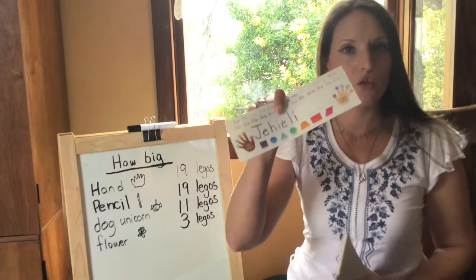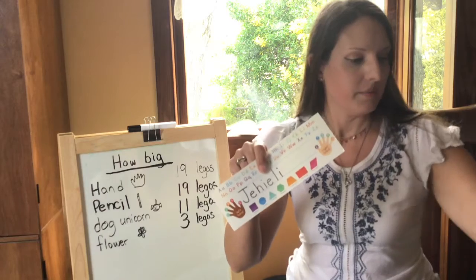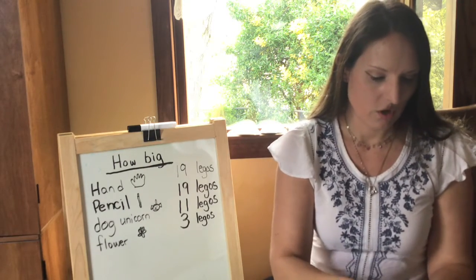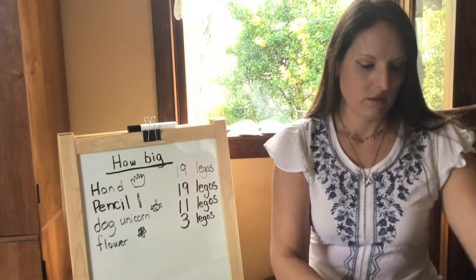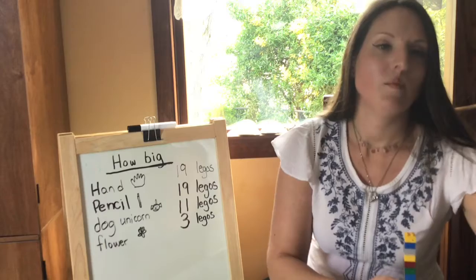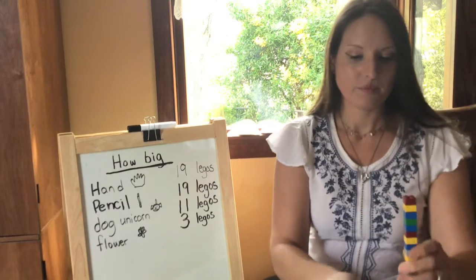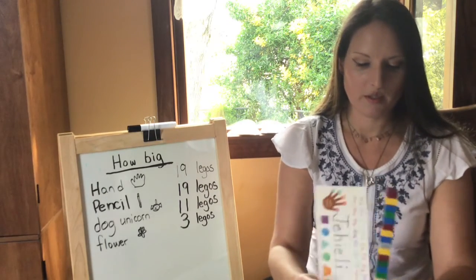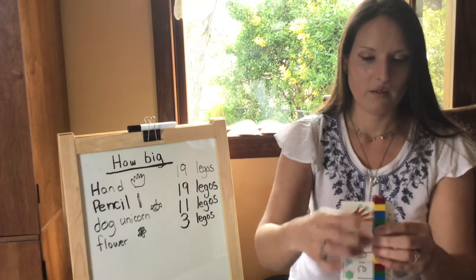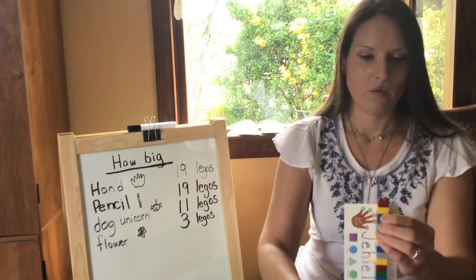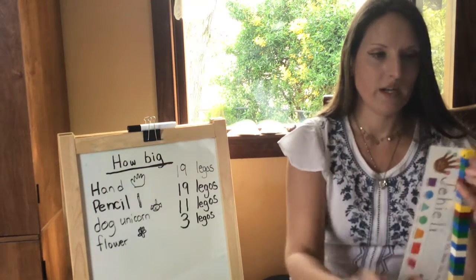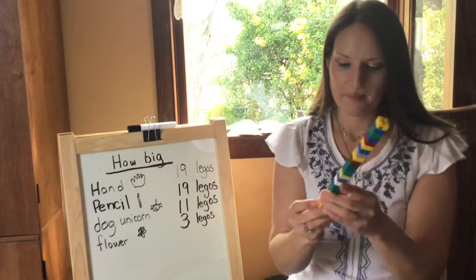And I'm going to use my Legos, and I'm going to measure it and see how tall the name card is. All right, so we got this. Oh, I think I have to take one away. There we go. Take one away, and now we'll count how many we have.